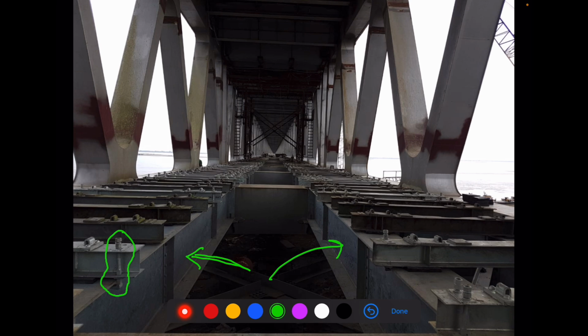And just for your information, please see carefully that there is a small gap between the H-beam sleeper and the top flange of the stringer. There is always a small gap. Why is there this small gap? What is creating this gap?